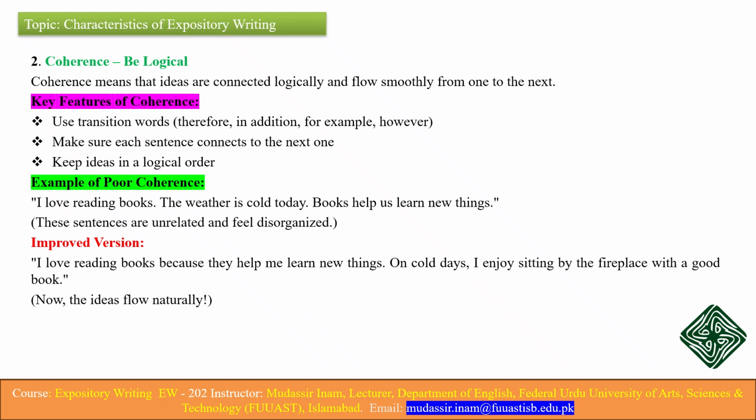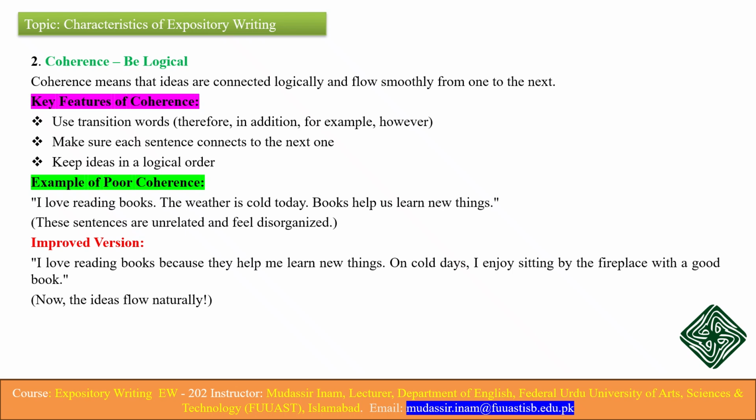If we say in another example that I love reading books because they help me learn new things. On cold days, I enjoy sitting by the fireplace with a good book. Now, the ideas flow naturally in this text.